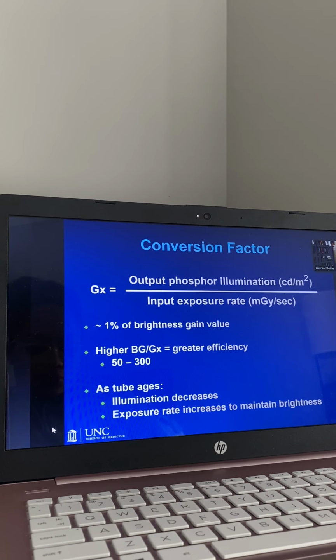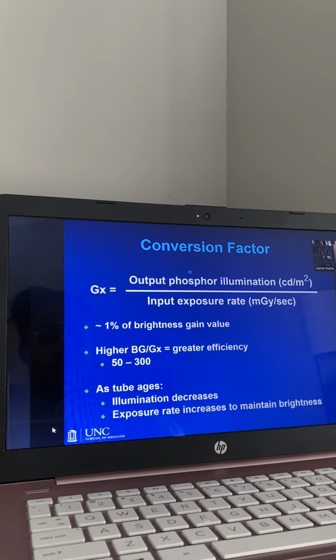What this is looking at is the output phosphor illumination. The vendors can measure the amount of light that is put out by that output phosphor. And remember, illumination or that light is measured in candelas per meter squared. That's what brightness is measured in.